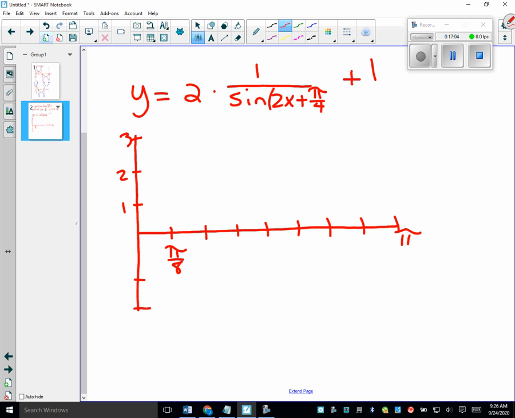Negative 2 e to the 13th, which is like negative 2 trillion, which means we're way down. So that means you are at an asymptote. Your calculator will not give you the asymptotes. You have to find them.